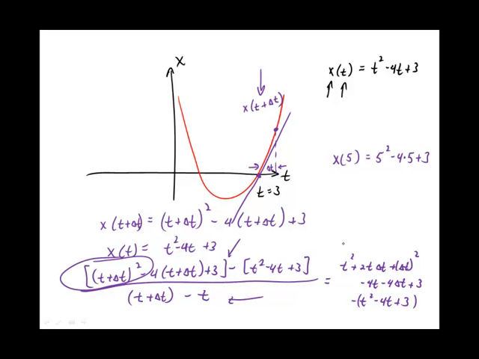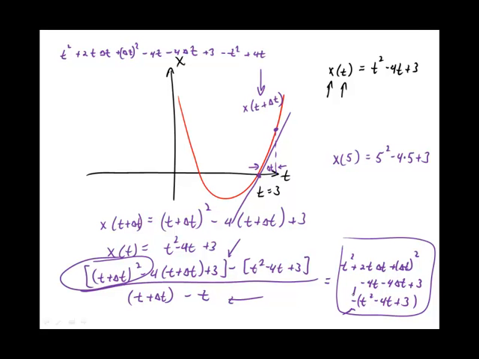So as I examine all of this, I'm going to get t squared plus 2t delta t plus delta t squared minus 4t minus 4 delta t plus 3 minus t squared, and now I'm at this term, plus 4t, because a minus and a minus gives me a plus, and then minus 3.